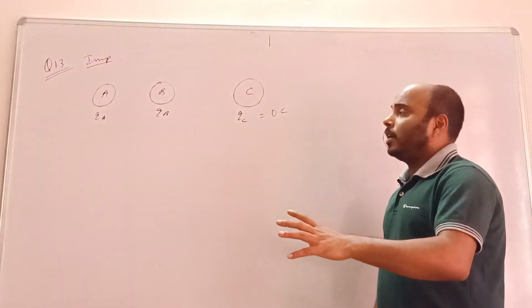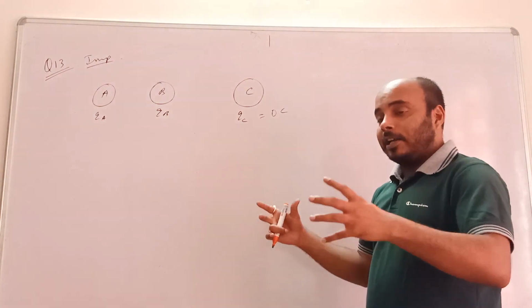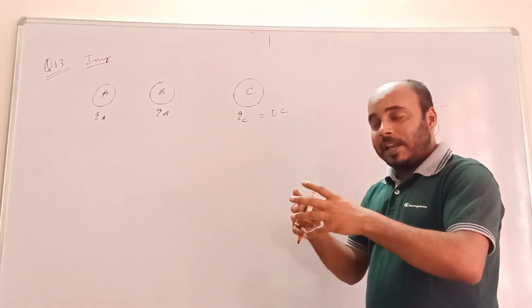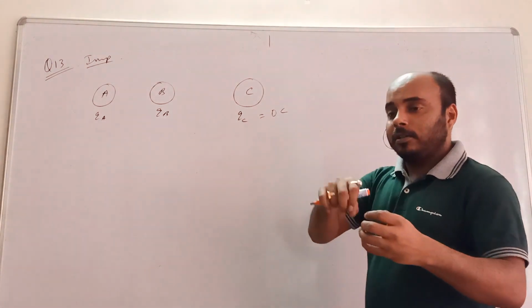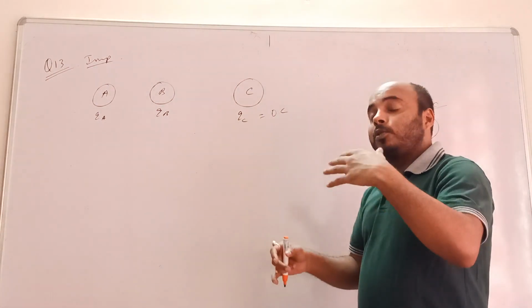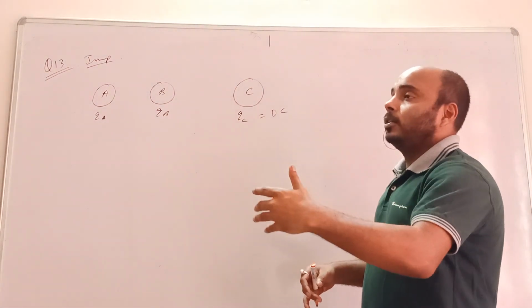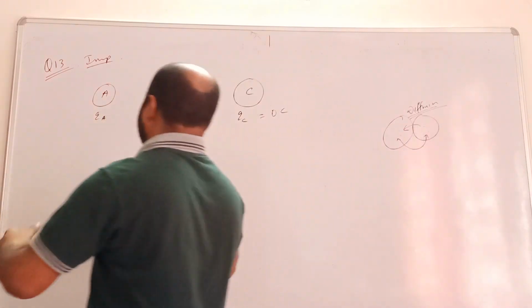So this is my funda. Again I am saying, when two different bodies having charges are in contact with each other, diffusion of charges occurs. Charge flows from one body to another. This diffusion occurs because of charge difference, and it continues till both bodies have the same charges. So I will use this concept.